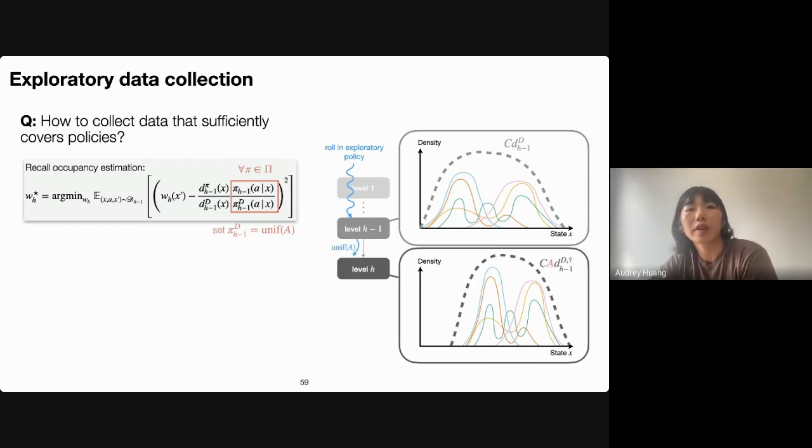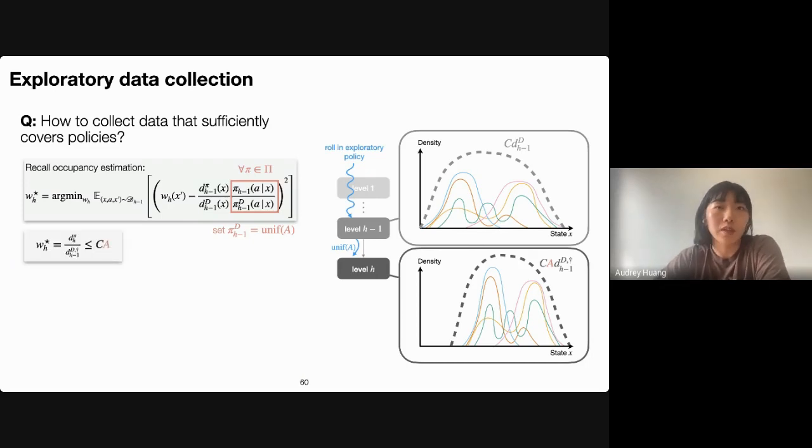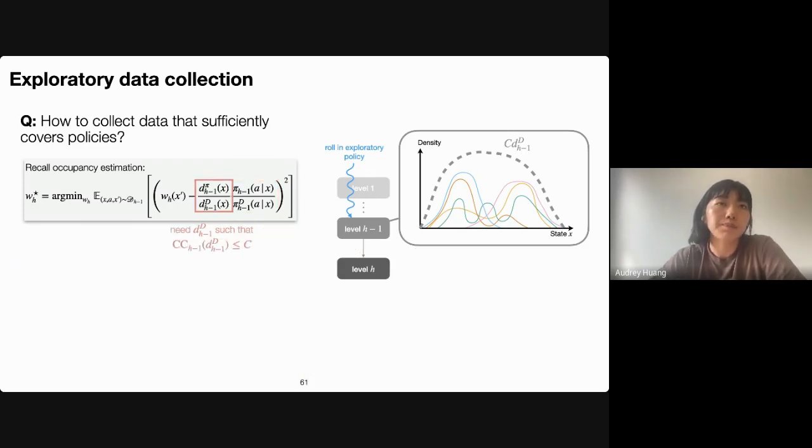And if we already have coverage at level h minus 1, taking uniform actions between level h minus 1 and h guarantees that we still have coverage at level h, but with a diluted concentrability constant of CA. And I also mention this to just point out that the minimizing w_h star that I discussed previously is also well defined with magnitude bounded by CA as a result.